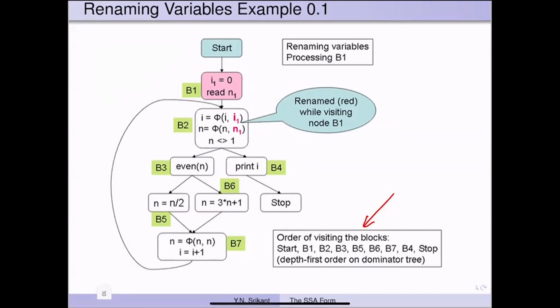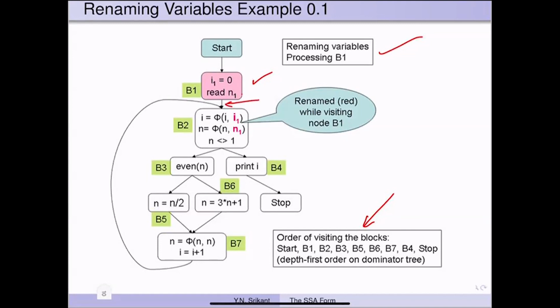So, the first block is B1. So, we visit B1. Now, the definition of I here is renamed as I1. And the read statement is also a definition because we assign to the variable. So, it is renamed as N1. Apart from that, this is the only place where we know that from B1, we will be entering B2 via this edge.